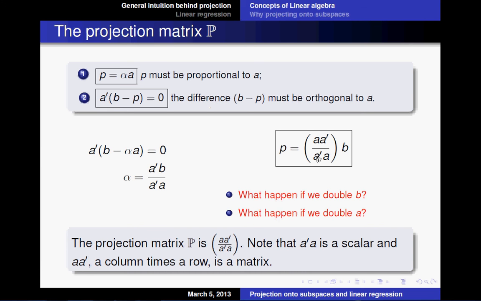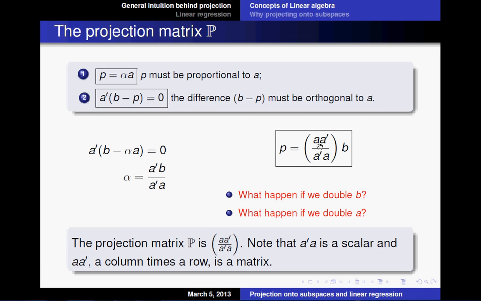Before moving on, let's ask some questions about A and B. What happens if we double B? Looking at the formula, if we double B, we obtain a projection which is double as well.